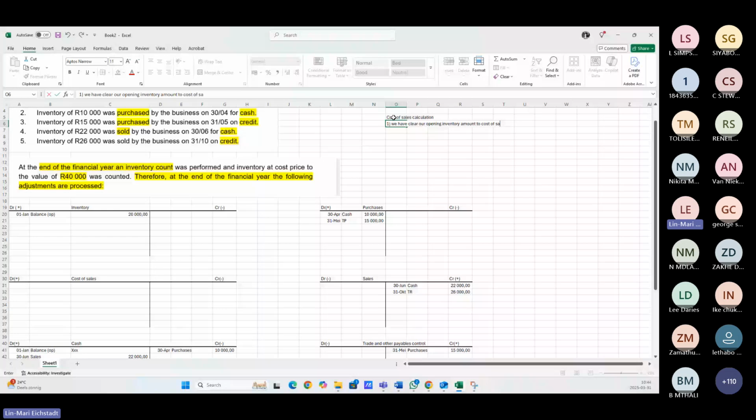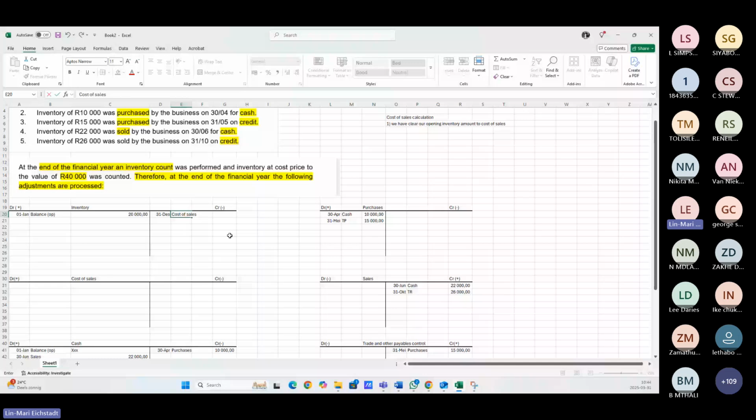We have an opening balance of inventory here, and at year end, once we've done our stock take, we take this full amount. I'm just showing the S there now, but I think you guys understand it. We take this full amount of inventory to cost of sales, right? So here we would say our contra account is cost of sales, and the full amount would be going to cost of sales.